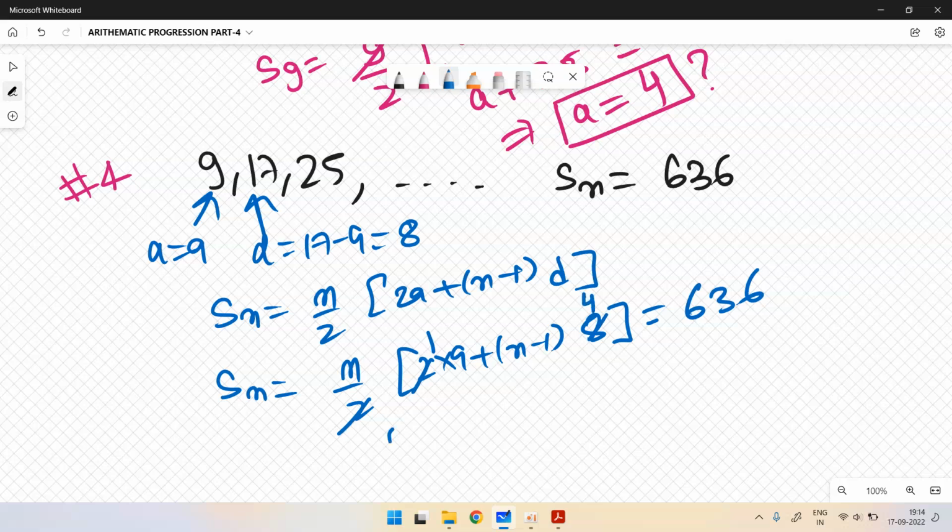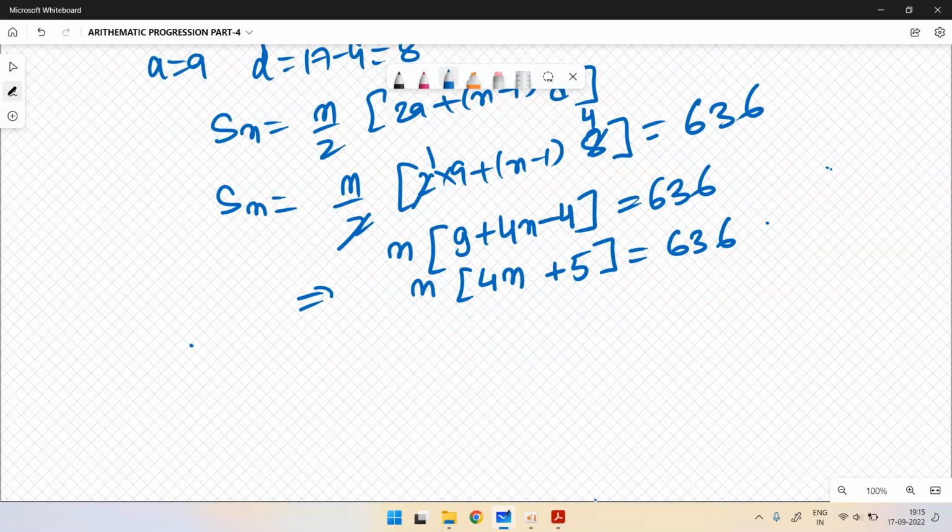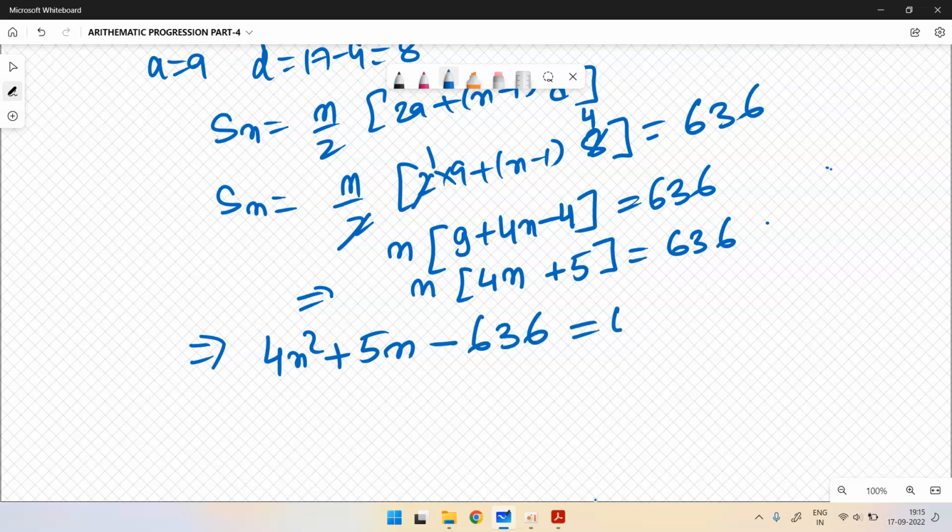So if you take n, this is nothing but 9 plus 4n minus 4 equals 636, which implies that n into 4n plus 5 equals 636, which implies that 4n square plus 5n minus 636 equals 0.